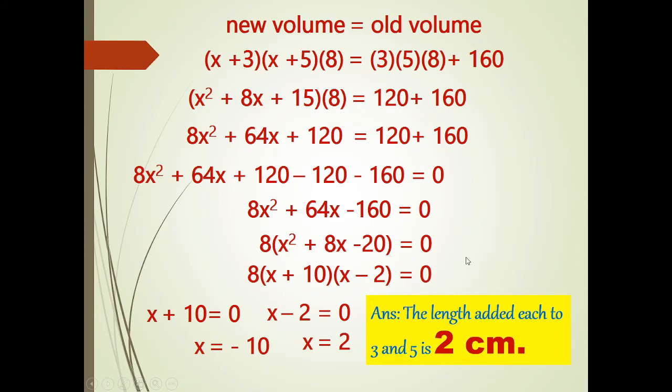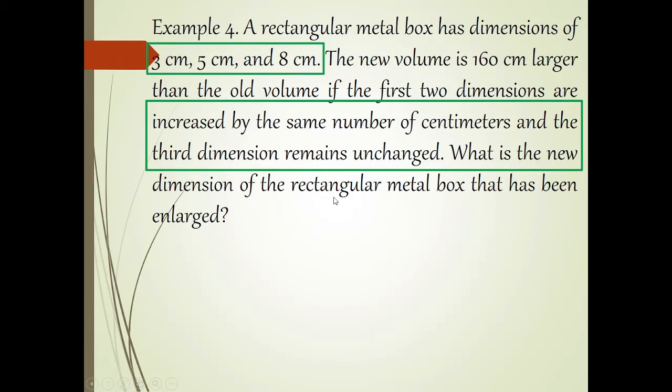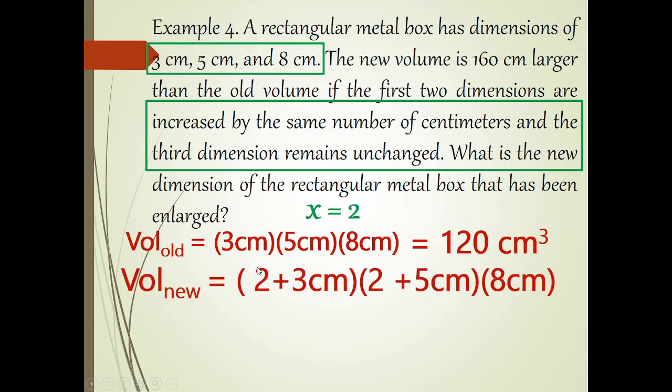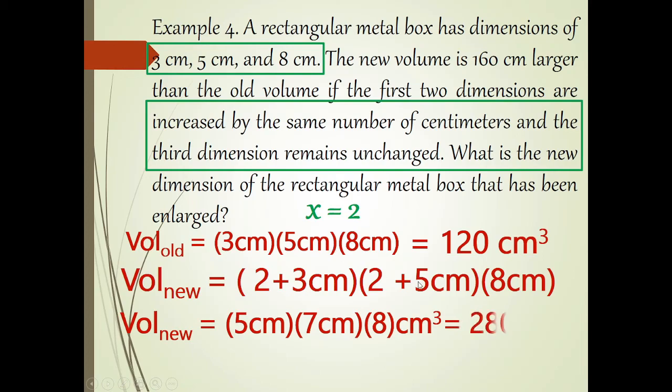To check the answer, what will the new dimensions be? This is the old volume, 120 cubic centimeters, and here is the new volume. Our x is 2, so 2 plus 3 is 5, and 2 plus 5 is 7.